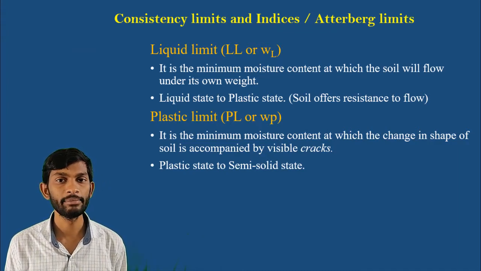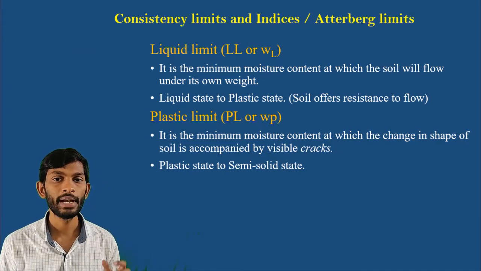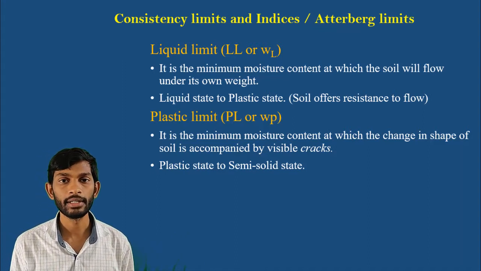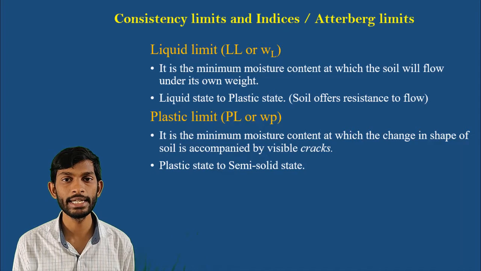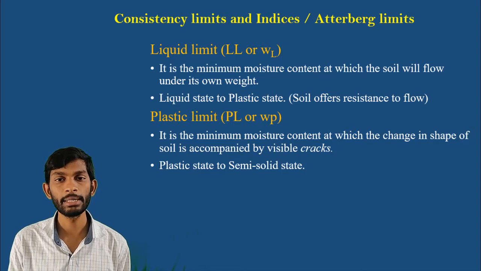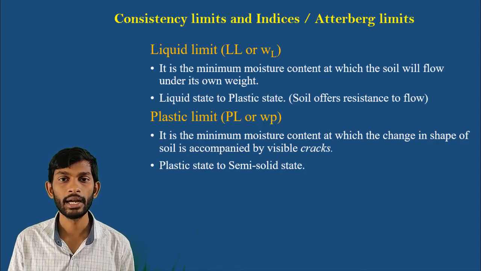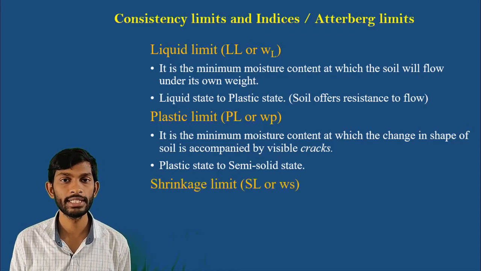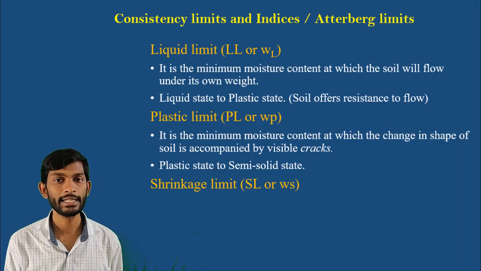So in plastic limit, the soil converts from plastic state to semi-solid state. That means once the plastic state is reached, the soil starts converting into a semi-solid state or a hardened member. Not purely hardened, it doesn't get complete hardness, but it starts changing into a semi-solid state. This is what the plastic limit is.